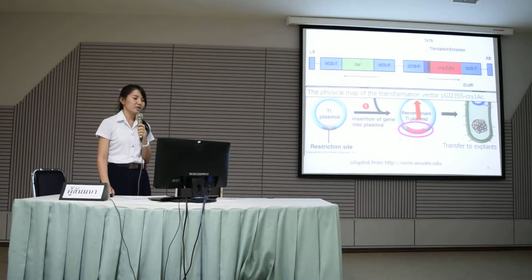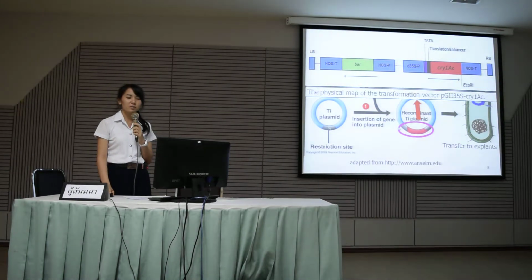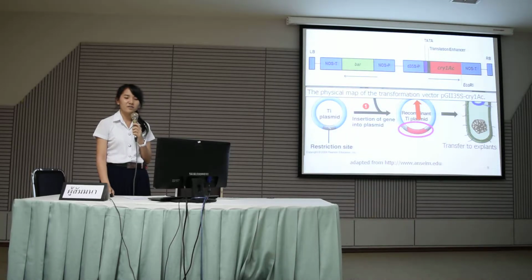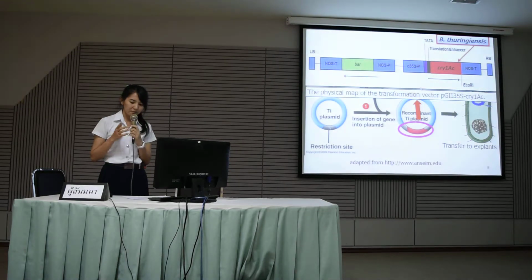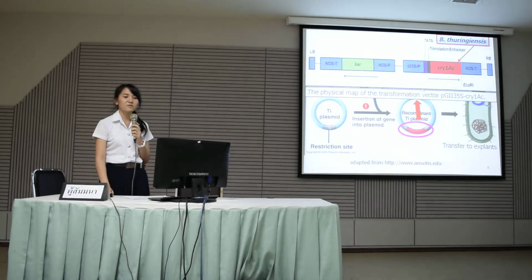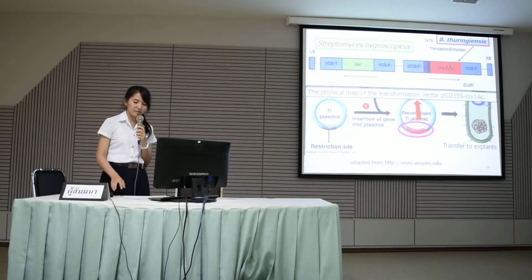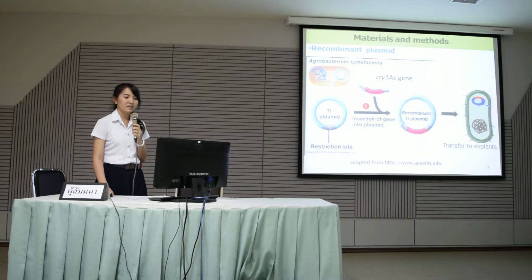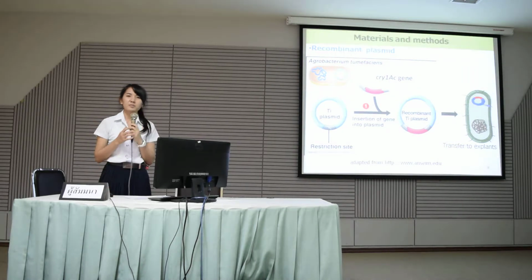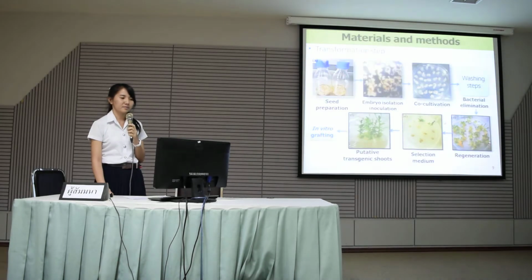And this slide shows the typical map of the transformation vector pG235 CRY1AC. CRY1AC is the insect-resistant gene from Bacillus thuringiensis, and the bar gene is a herbicide-resistant plant-selectable marker gene from Streptomyces hygroscopicus, and send the recombinant plasmid into Agrobacterium for transfer to the plant.